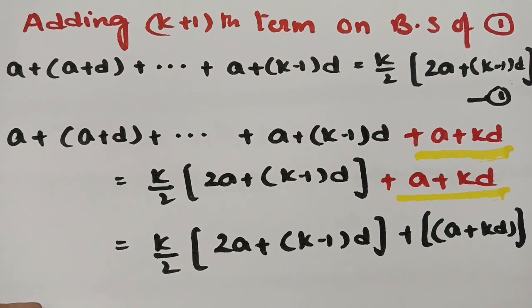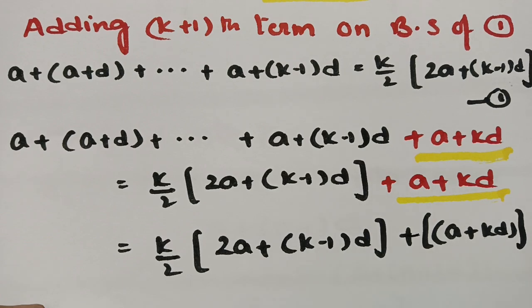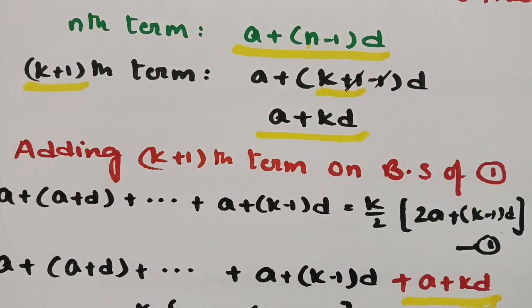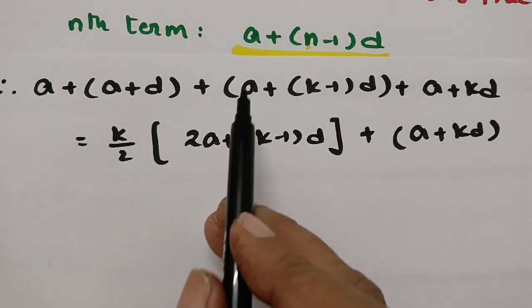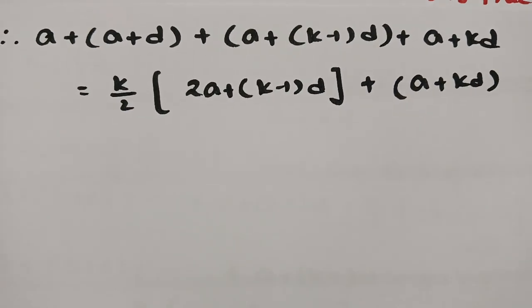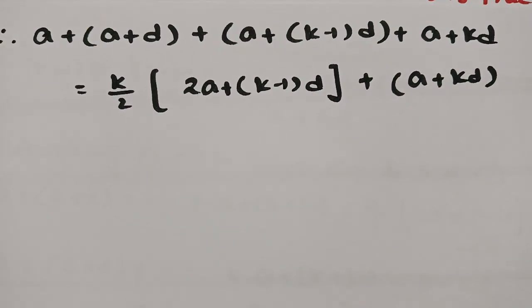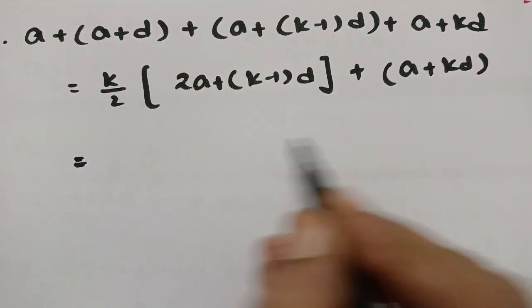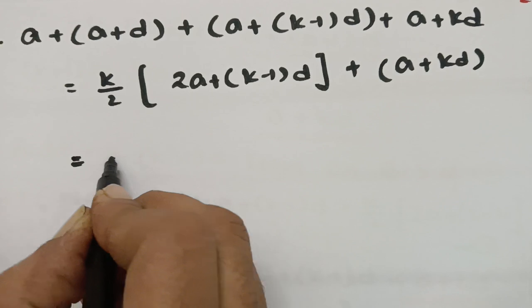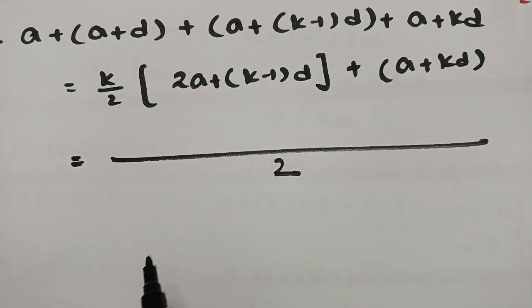Now in the RHS part I am going to solve. See here in the equation, this is LHS and this is RHS. Now I am going to check what happens in RHS. As there is 2 here and there is no 2 here, I am taking 2 as the LCM.